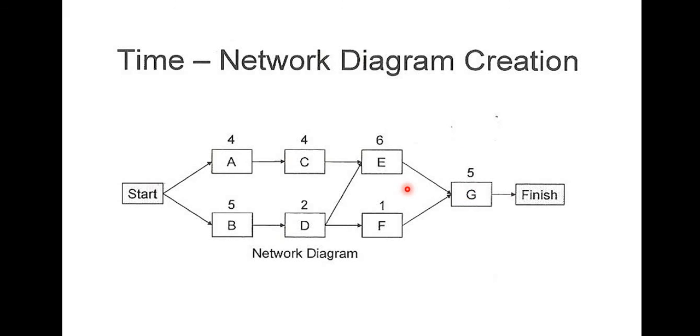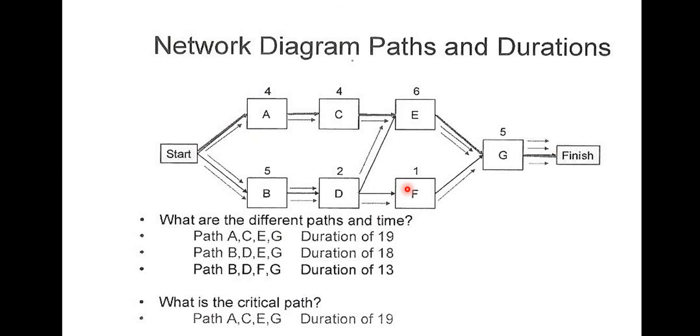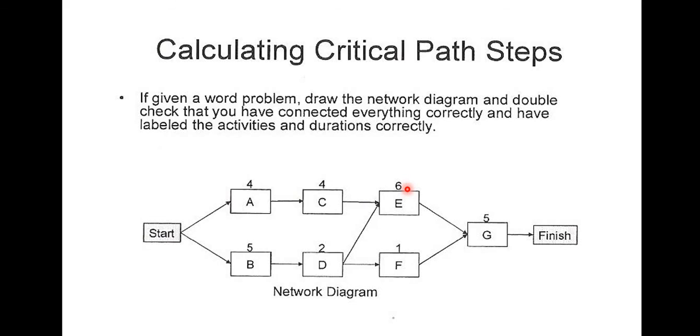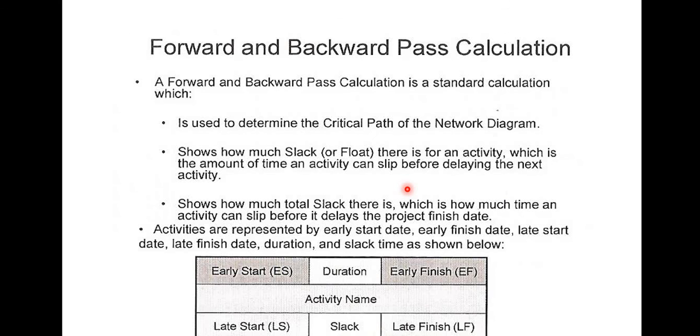It is really that simple. So what we said is what has been calculated here. ACEG has a duration of 19, BDEG has 18, BDFG has 13. What is the critical path? ACEG, duration of 19 days. And that's it.